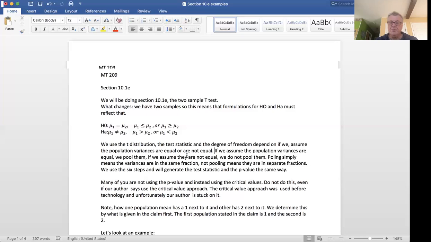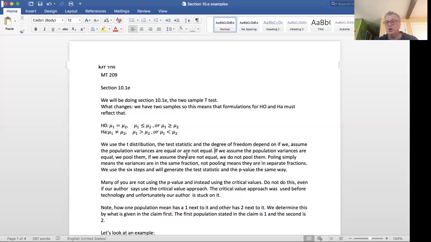And if you look carefully, in one of them, the sample variances are in one numerator in the denominator. That means they're pooled. When you look at the other one, where you have one variance in one fraction plus another variance in another fraction, that means they're not pooled.